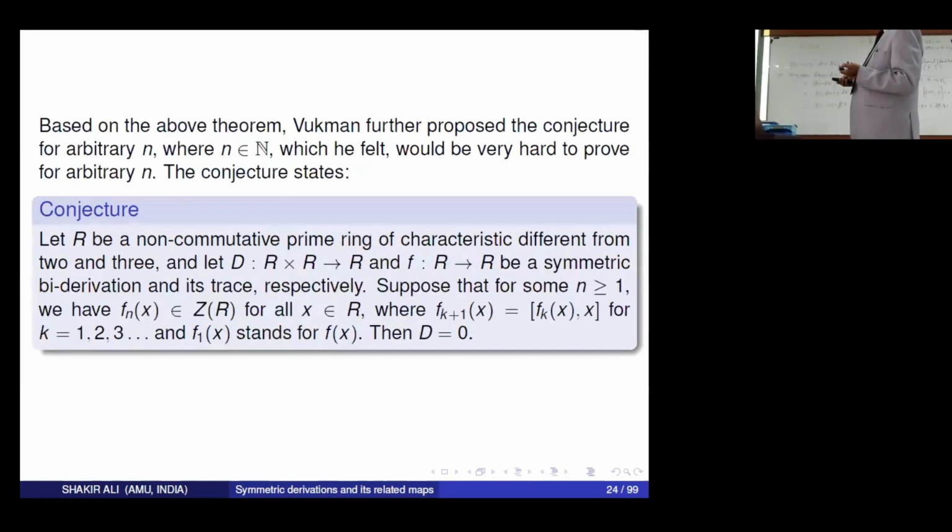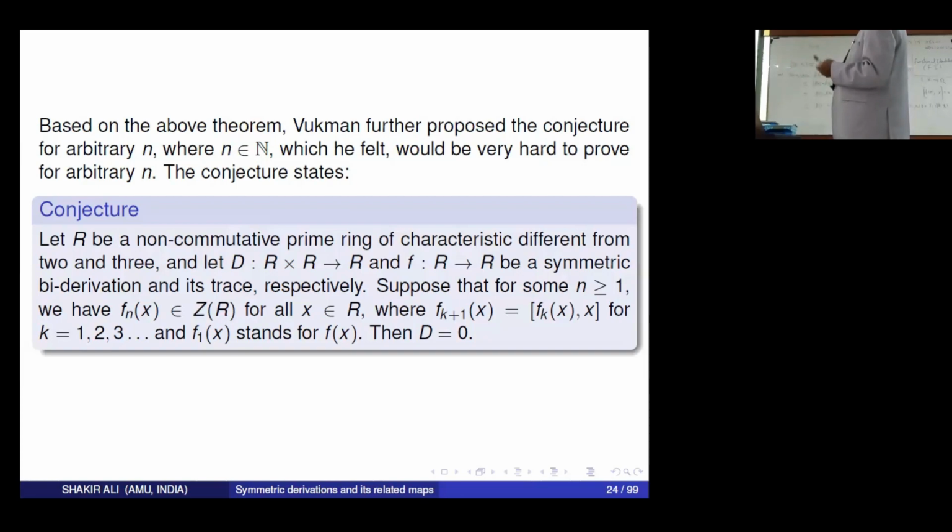Then now I think we move on. So this problem is still an open problem, because for a wider class of rings, the conditions are different from 2, from R to R, and then different from 2 and 3 also, and the symmetric biderivation and n is greater than or equal to 2, and then this relation holds.